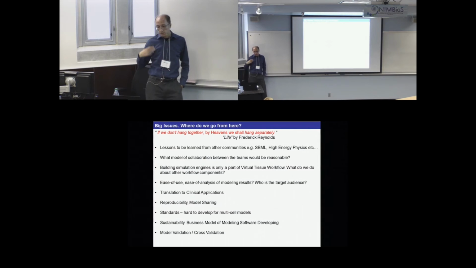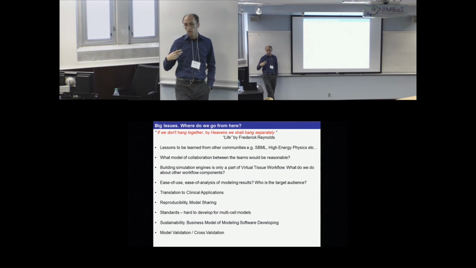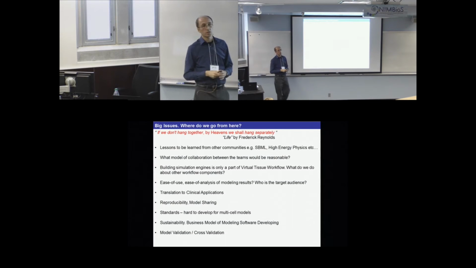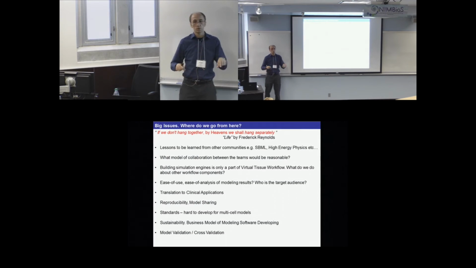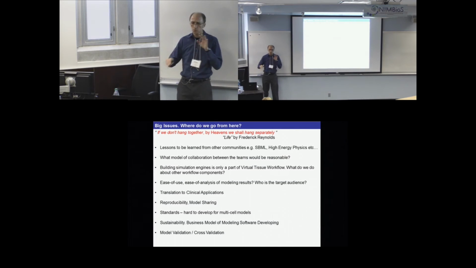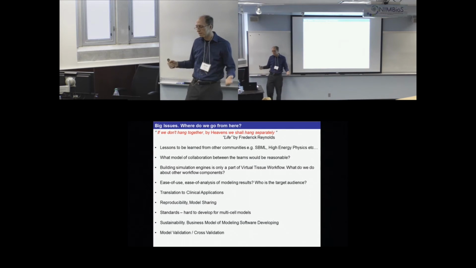I have to tell you, standards for multi-cell modeling are hard to develop. If you think carefully, the only underlying standard for multi-cell modeling is biology. It's very hard to translate a cellular automaton model into, say, a Potts model or a subcellular element model. Those models speak different languages. It's a mess.